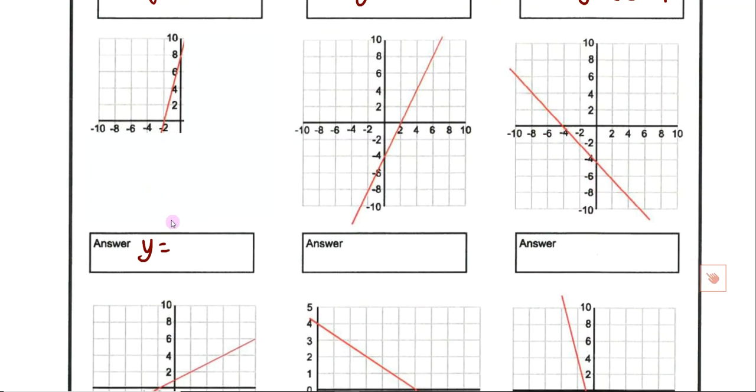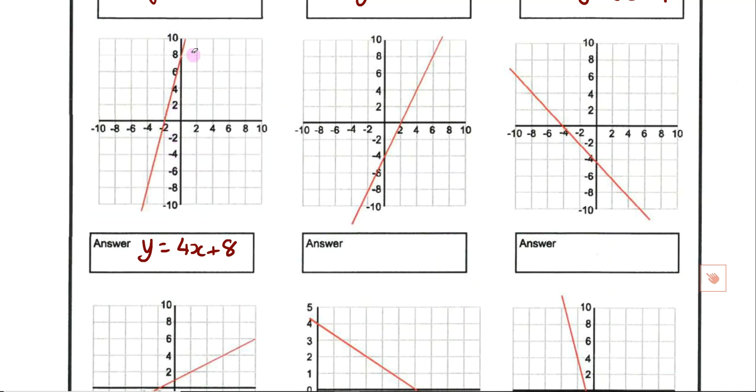So what's the answer? So y equals 4x plus 8 it should be, yeah. So again, I think what happens is people get confused with the fact that it's all on the negative side. But just take the information that you know and use that.